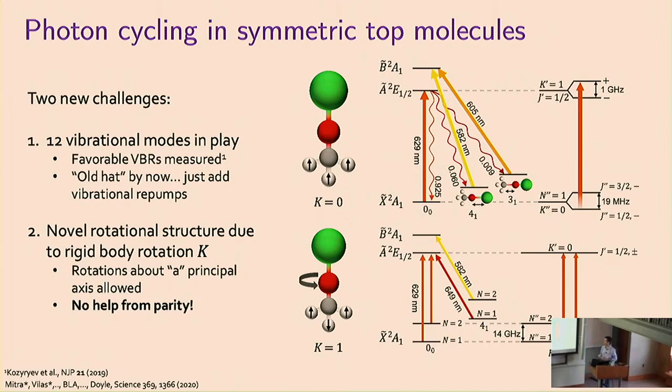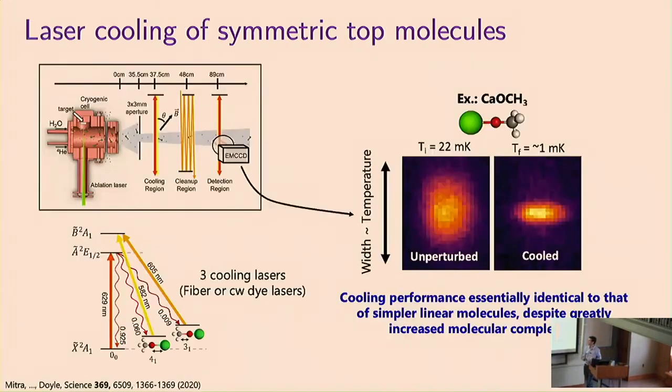So with CaOCH3, there were essentially 2 nuclear spin isomers of CaOCH3 that we could laser cool. And by choosing the rotational state appropriately, either k equals 1 or k equals 0, we were able to address both of these. And just going really quickly through the experiment, we essentially took a buffer gas beam of calcium monomethoxide, passed it through a laser cooling region that consisted of what would be familiar to many people in the audience as a typical Sisyphus cooling setup.